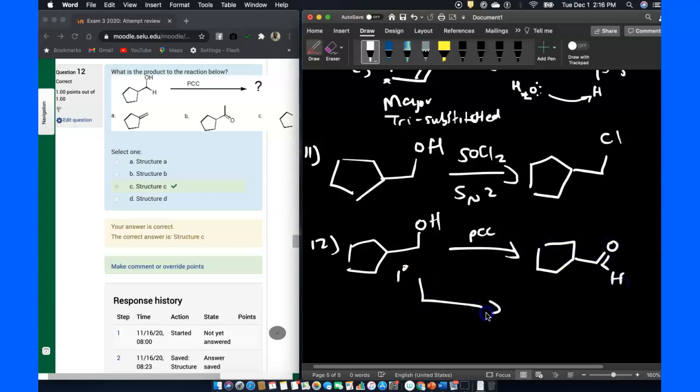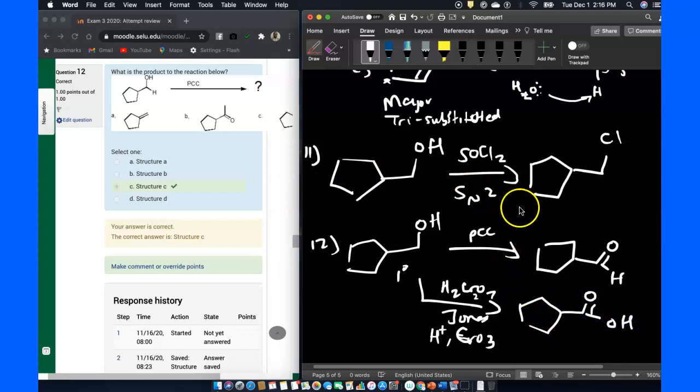If this was chromic acid, or what we call Jones, this is K2Cr2O7, I think. If this was Jones, either it's an acid with CrO3 or written like this, then you don't stop at the aldehyde. It would go all the way to the carboxylic acid.